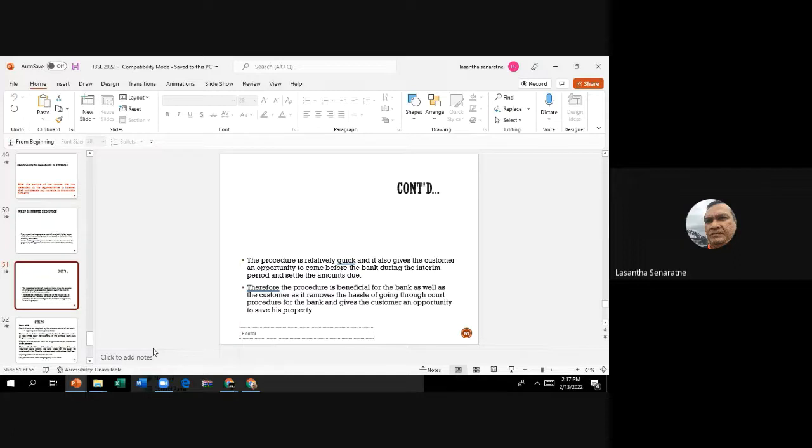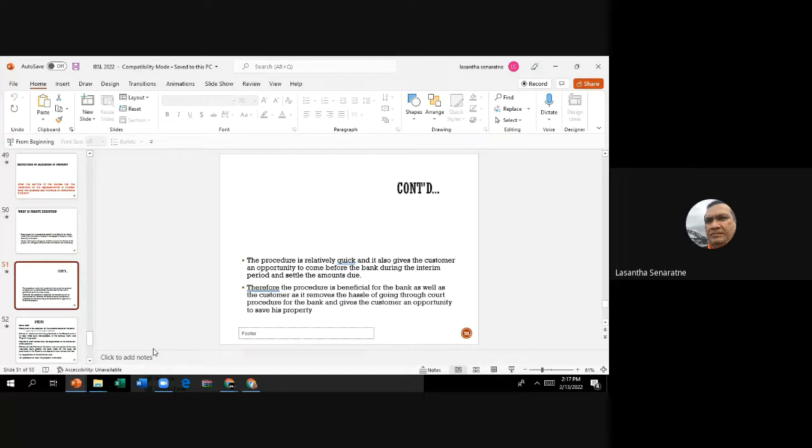Procedure is relatively quick, and it also gives the customer an opportunity to come before the bank during that interim period and settle the amounts due. So before the auction, if the customer comes to a settlement to pay the outstanding or part outstanding, those are permitted. Right? So then you can hold it.